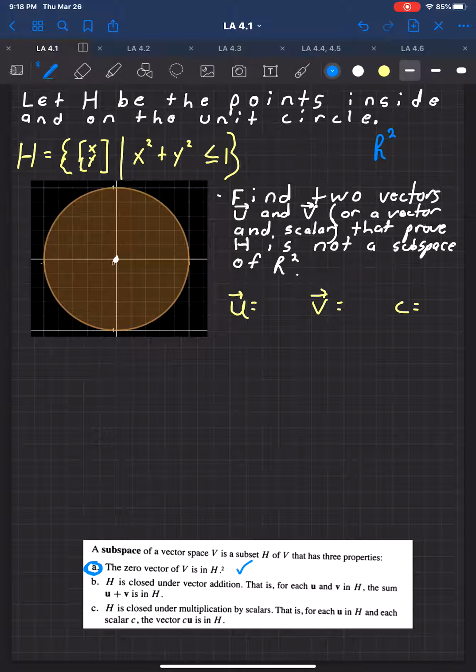So I'm going to pick some vector u. Ready? So I'm kind of looking, remember this is a unit circle, so that means we have a radius of 1 on this circle. So the game becomes, can I choose some value that's relatively easy to work with? Okay?